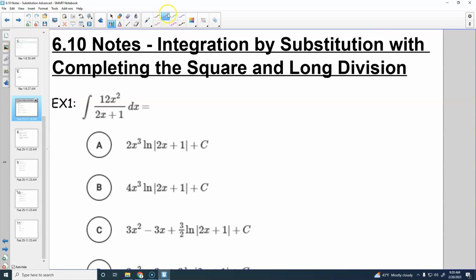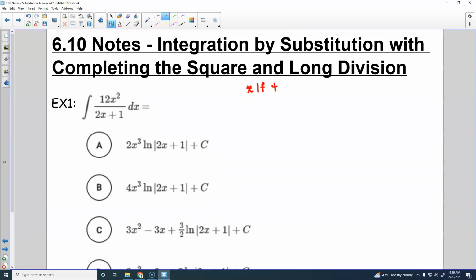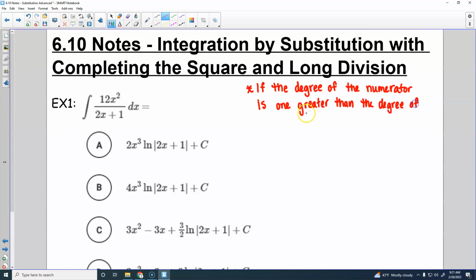So, if the degree of the numerator is 1 greater than the degree of the denominator, try long division.